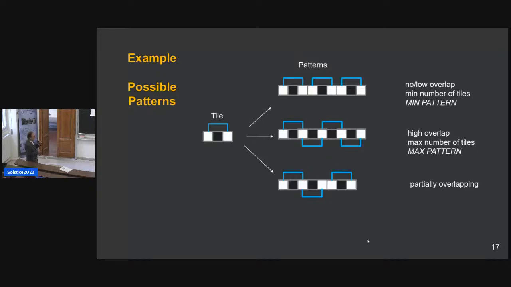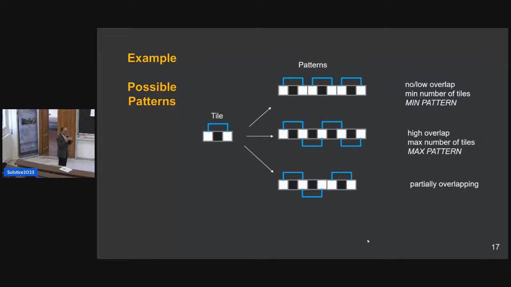They are not overlapping. And in this case we have the high overlap with a maximal number of tiles, called max pattern. We see overlapping. We are allowed to overlap the tiles if there's no conflict.